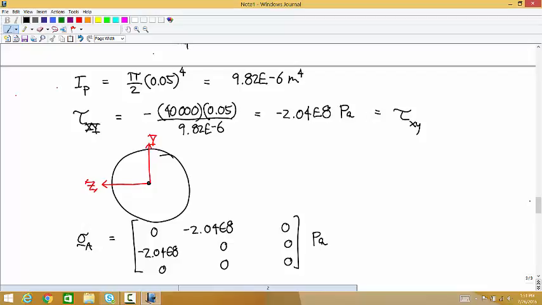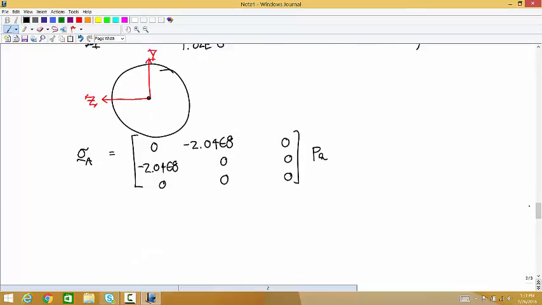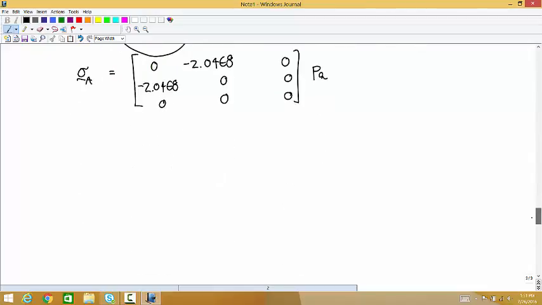Why is the XY face again? Why is this in the XY position? Yes, sir. Okay, it has to do with this picture. I'm going to draw it this way.